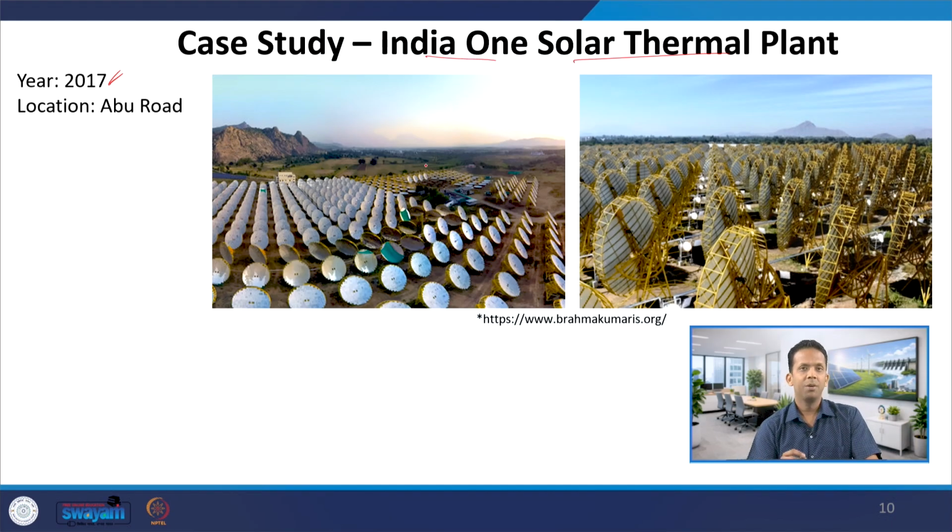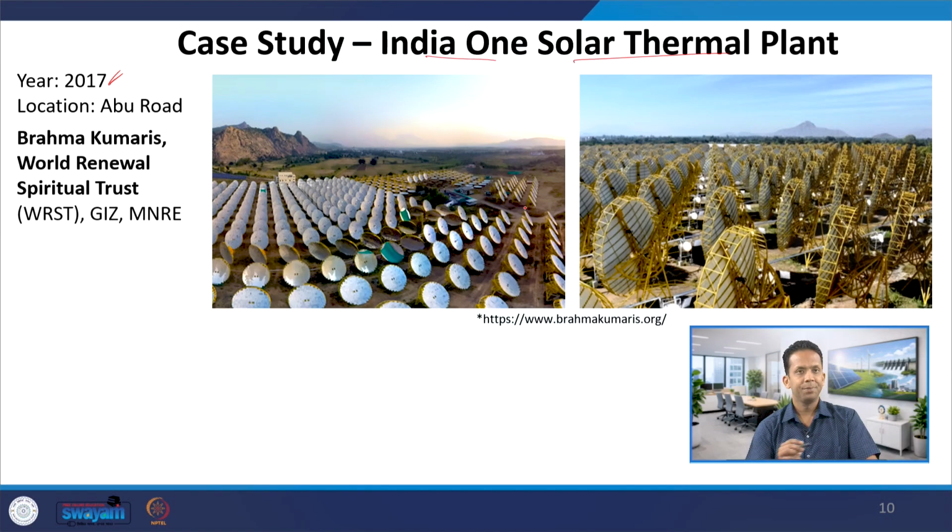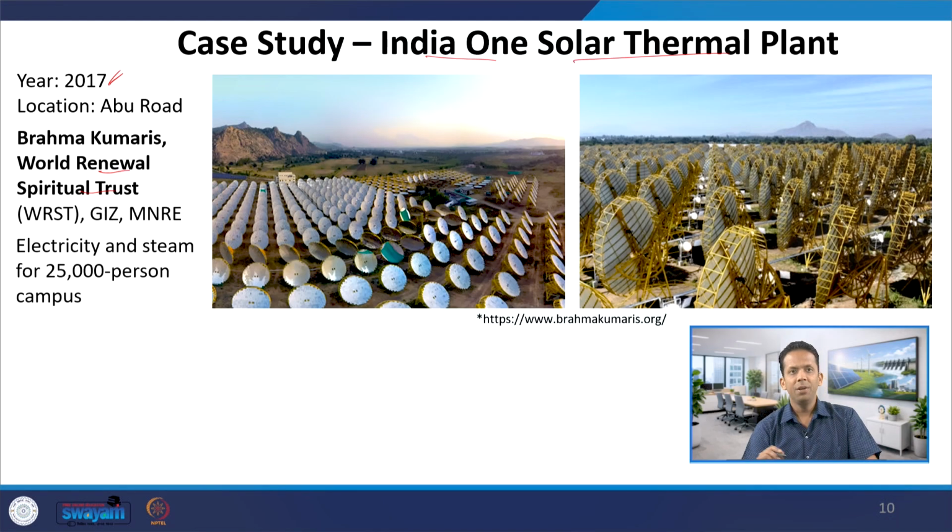It's also a hill station and famous for Dilwara temple and Brahma Kumaris. So it's Brahma Kumaris and WRST, the World Renewal Spiritual Trust, who developed this plant, taking the initiative, and then there were other partners who funded this initiative like GIZ, the Ministry of Germany and MNRE.